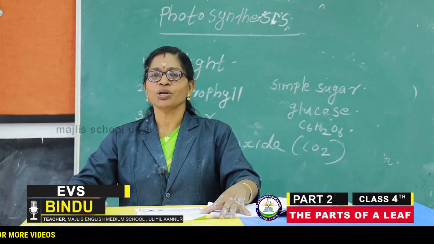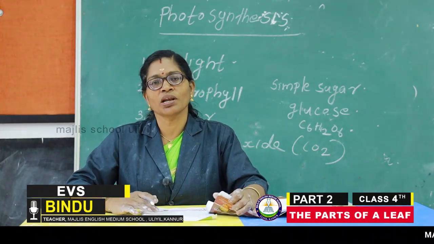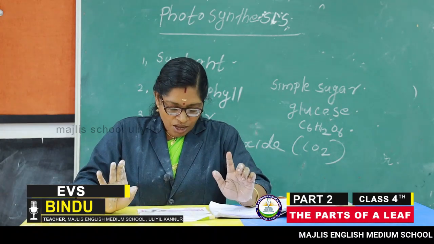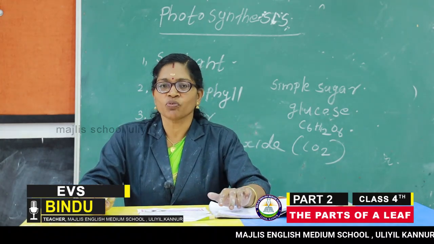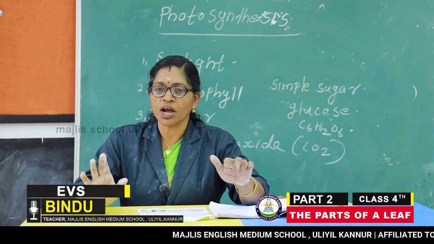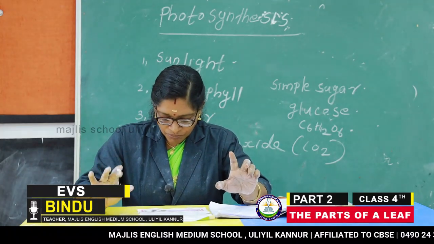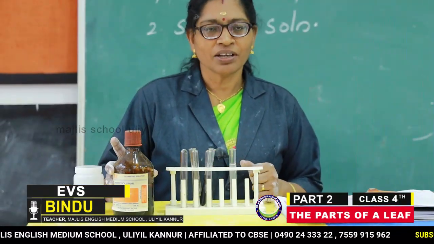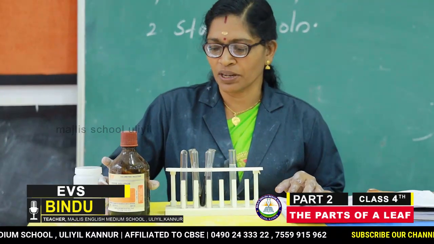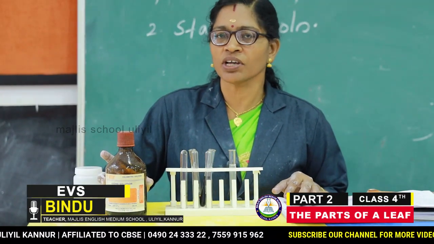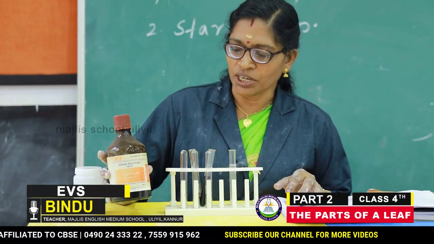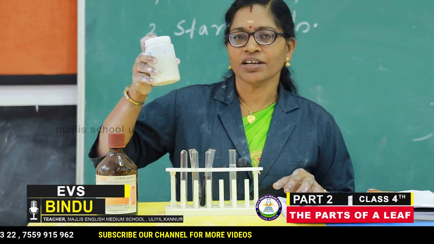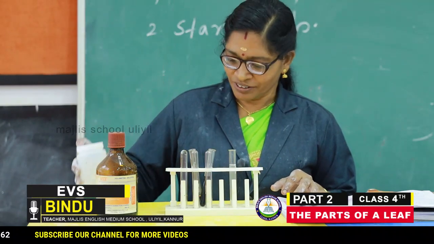Then today we want to do an activity. Do you like experiments or activities? Yes, okay. Today, test for starch. Listen here. Here we want to do an experiment to test for starch. For that we need iodine solution and I take rice water.